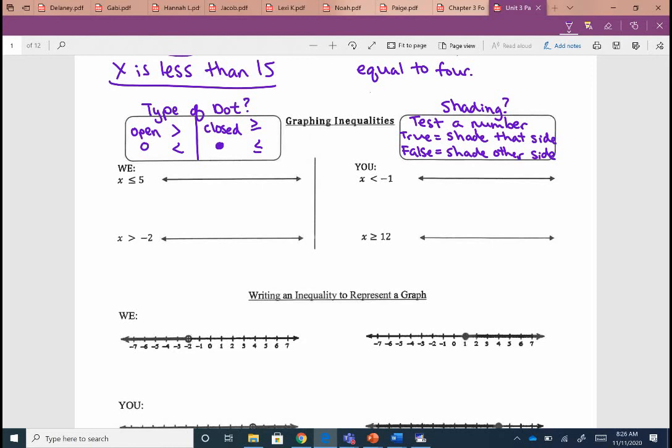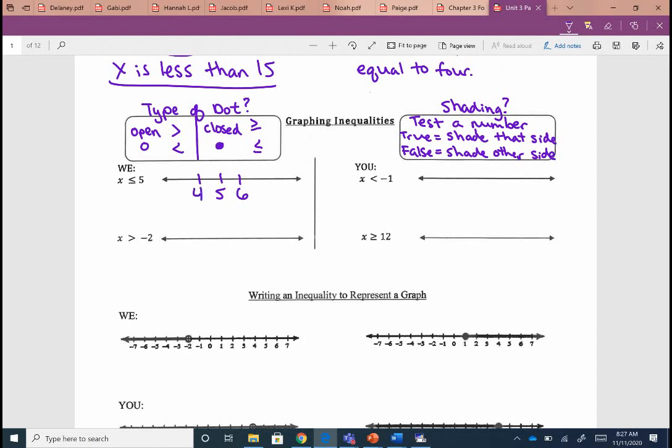All right, so what we need to do first is create our number line. The number that's part of our inequality, I'm going to put at the middle of my number line. And then, guys, I'm not going to make us put 20 different numbers on there. I just need one number to the right and one number to the left.